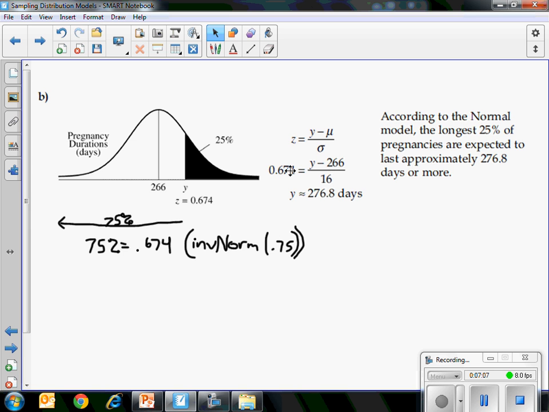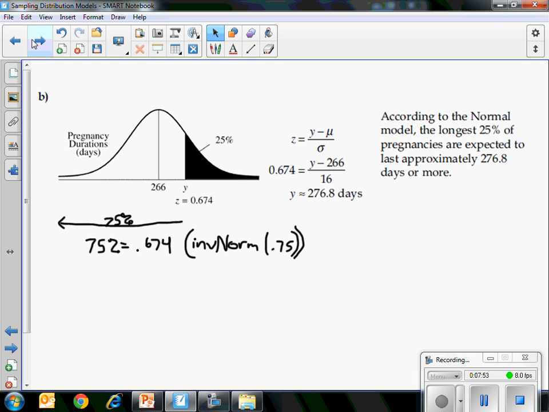So once we knew my z-score for the 75%, or the complement of 25%, I then substitute in and solve for y, because that again is the value we're looking for. So you cross multiply, multiply by 16 and then add the 266, and we get 276.8 days. So then we write this into a sentence. According to the normal model, the longest 25% of pregnancies are expected to last approximately 276.8 days or more.